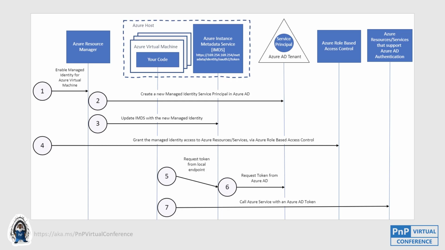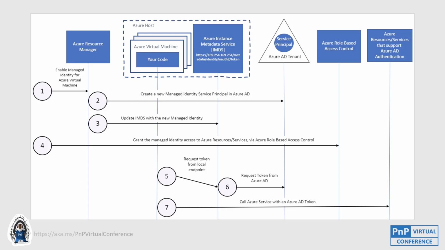This may be something like the virtual machine needing access to Azure Key Vault, for example. Once the identity has been configured and the permissions have been granted to a particular resource, we can then, in our code that is running on that resource, so on the Azure virtual machine in this example, request a token from the local endpoint.